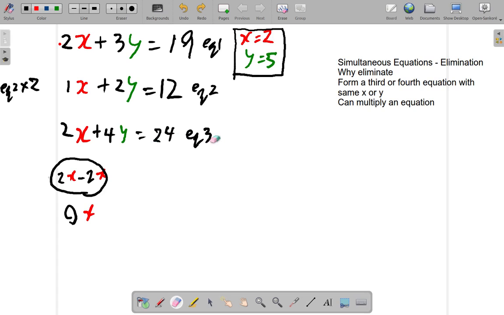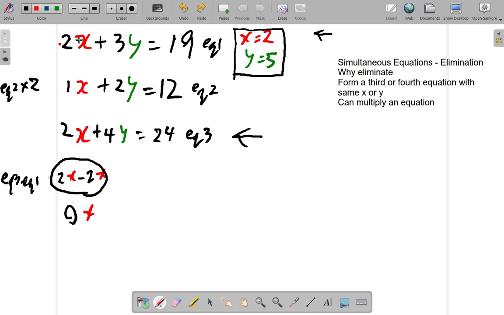So let me use equation 3 minus equation 1 instead of equation 1 minus equation 3. So EQ3 minus EQ1. Alright, so it's down here minus up here.